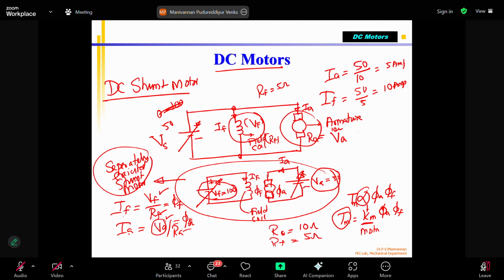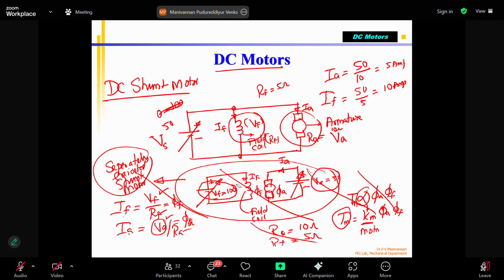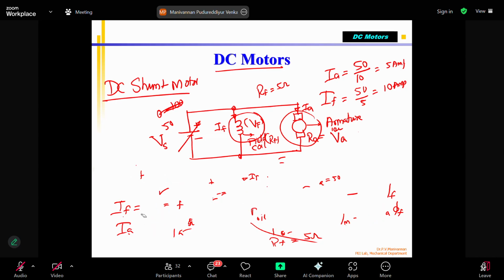Okay. This is for understanding purpose. So for now, for our purpose, we'll leave this separately. We take this picture. That picture alone you can note down. So this I'm going to remove. For understanding purpose, we will use this figure.